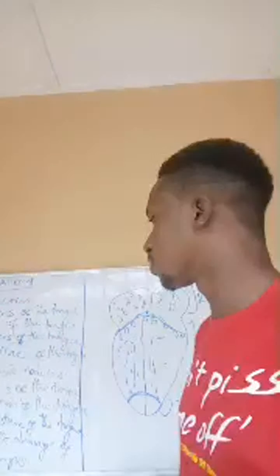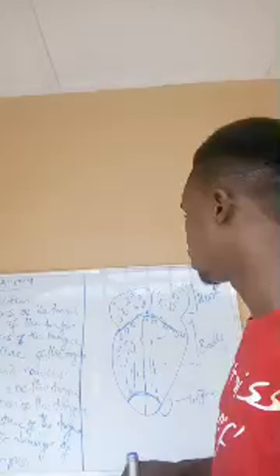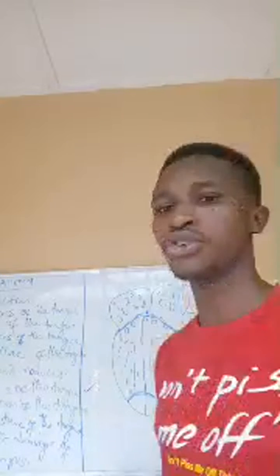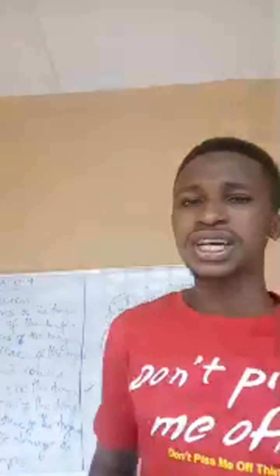After considering this, let's talk about the muscles of the tongue. The tongue has specifically 8 muscles. But these muscles can be classified into 2 large groups: the extrinsic muscles and the intrinsic muscles.